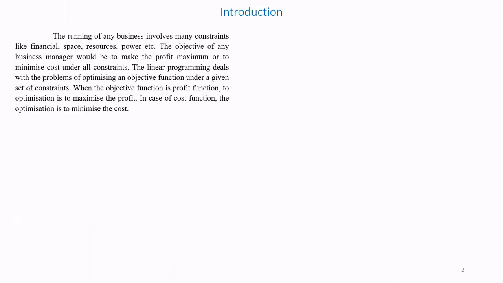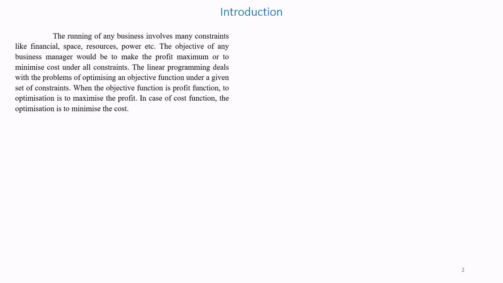Introduction. The running of any business involves many constraints like financial, space, resource, power, etc. The objective of any business person would be to make profit maximum under all constraints. The linear programming problem is the problem of optimizing an objective function.